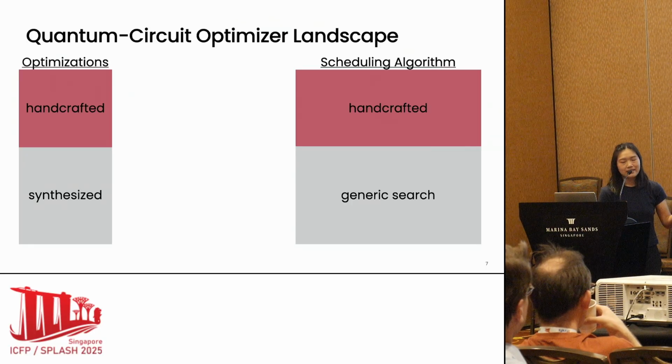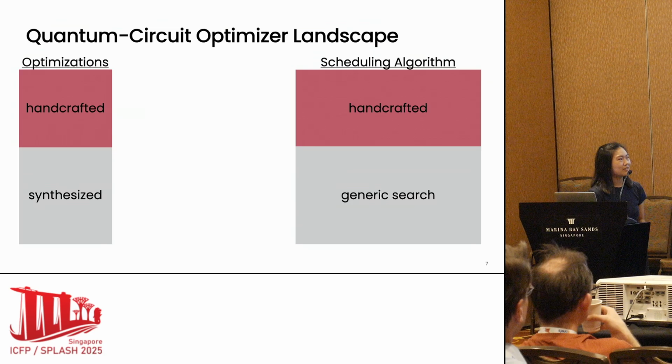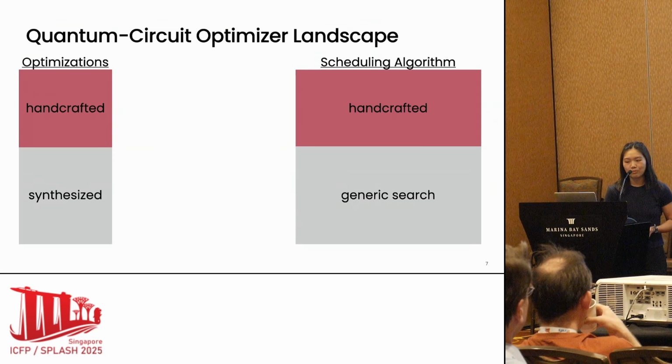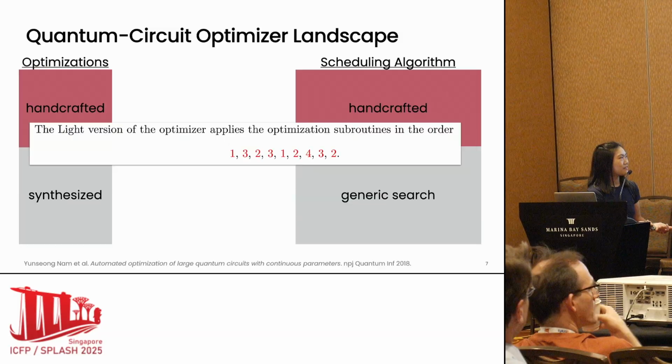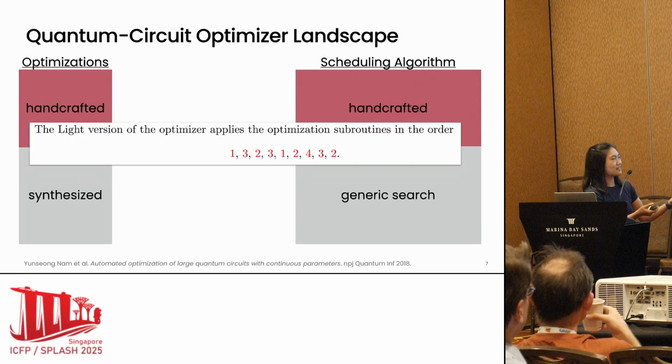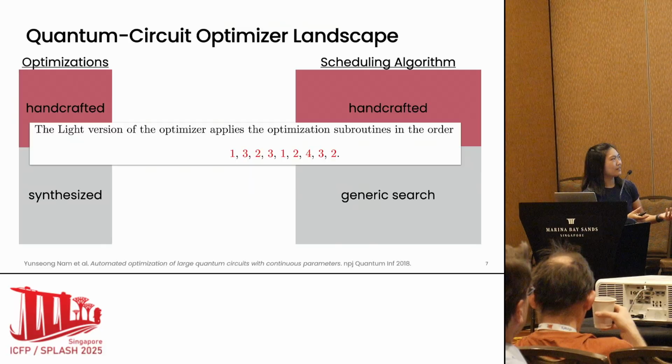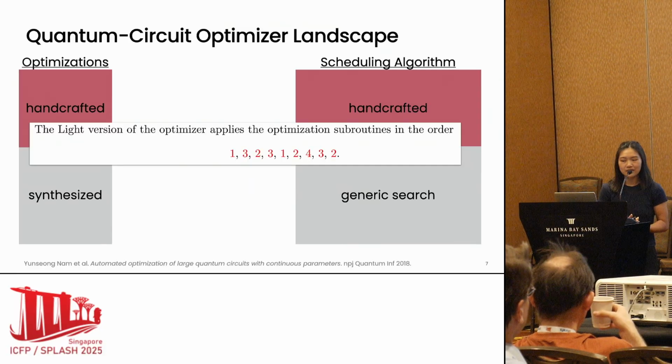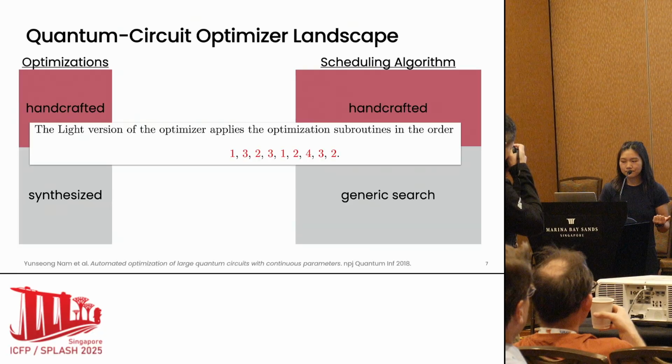So in a sense, a generic search algorithm is synthesizing a schedule for applying these optimizations. And just to give you an idea of what a handcrafted pass might look like, it's this very specific and rigid schedule of optimization.